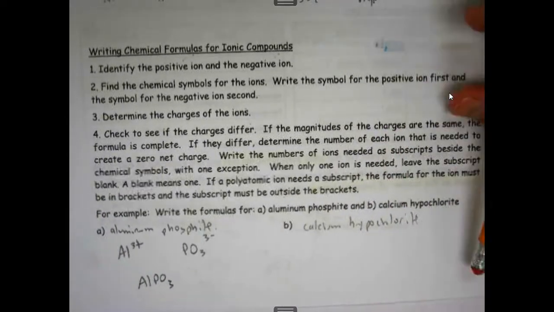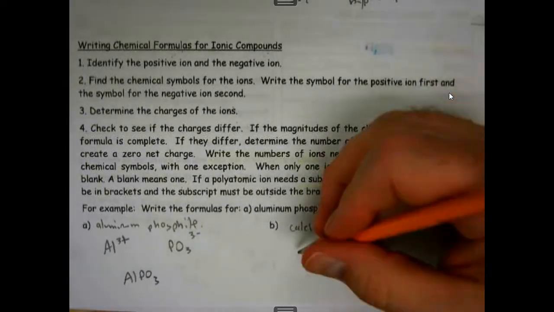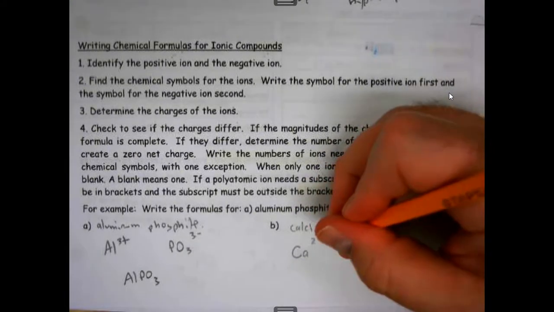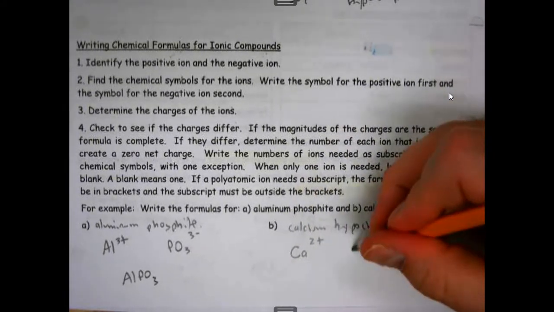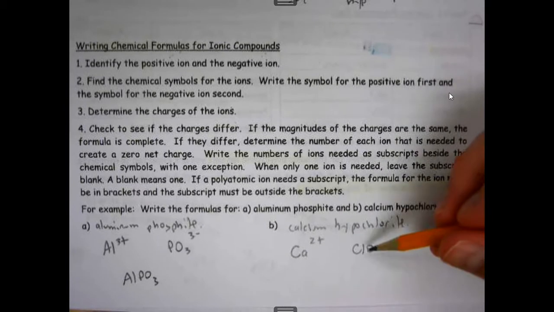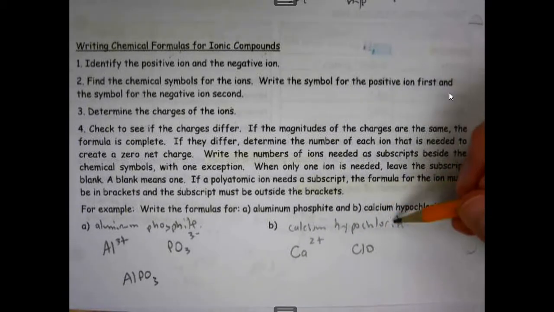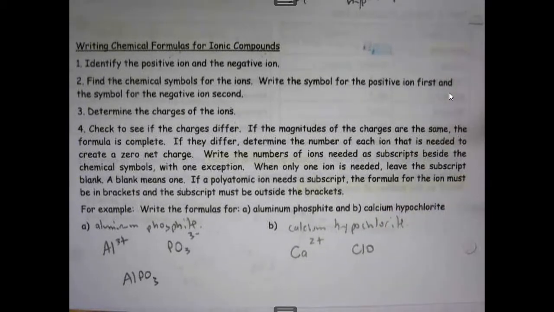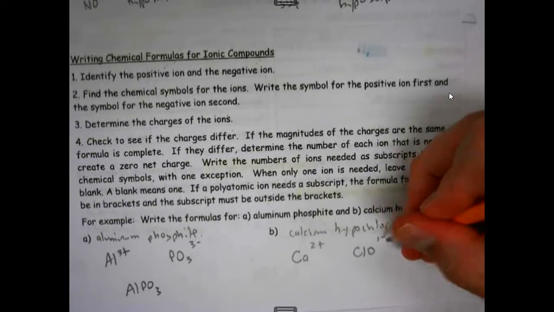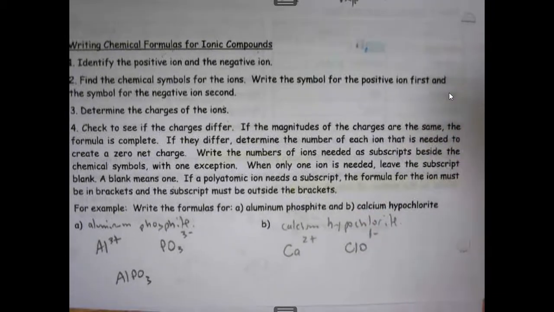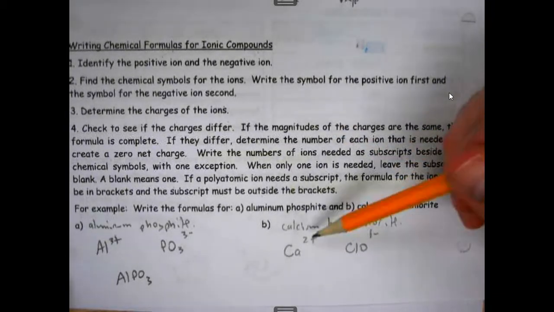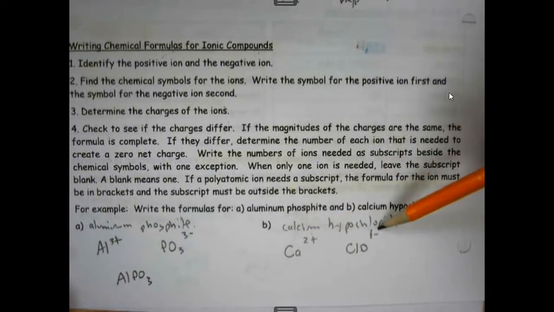Same thing for calcium hypochlorite. We're going to write down the charges of the two ions here. So calcium is Ca2 plus, and chlorite is ClO. Now normally it's ClO3. This is hypo, so it's 2 less. So it's just going to be ClO, and then it's a 1 minus charge. Now you will notice that this charge is twice as big as that charge.